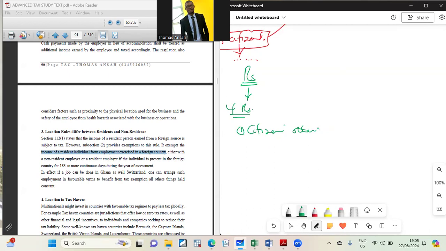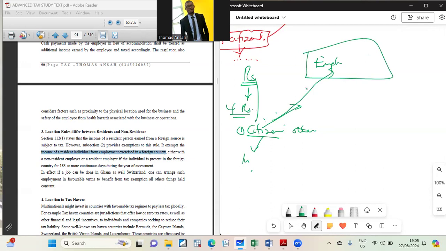Listen carefully. So it means that if you are a citizen and you have your permanent home in Ghana, it doesn't matter where you earn your money from, you are supposed to pay tax because you are a resident. However, we are saying that because your employer is outside Ghana and you too are outside Ghana working for the sole purpose of your employer, you will not pay tax even though you are a resident. That is what the exemption is saying. Is it clear now?